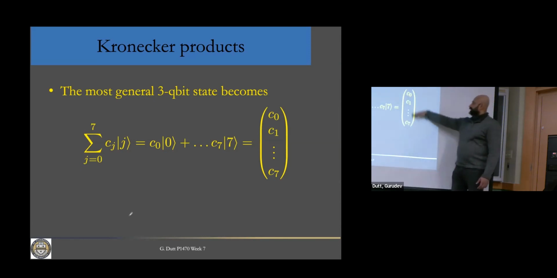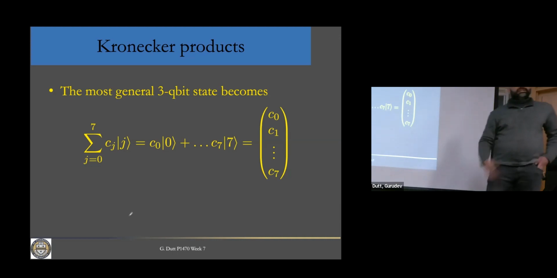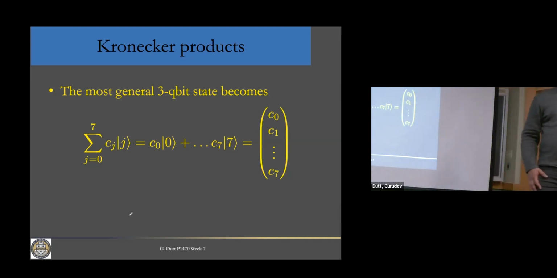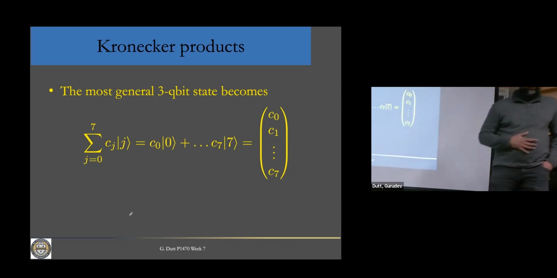That will be an 8 row column vector. So C0 through C7 will then represent the most general state for a 3-qubit state. That's just taken by the tensor or Kronecker product of the column vectors for each of those states.